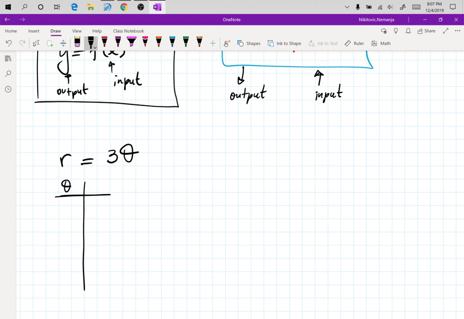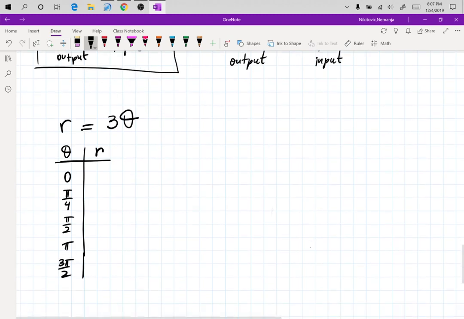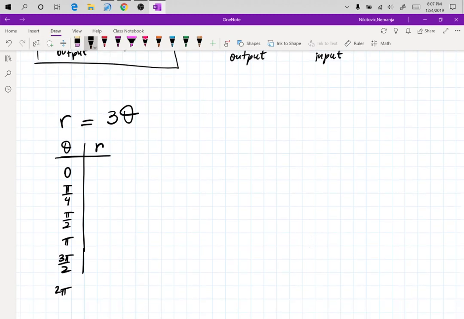All right, so theta and r. Pick some thetas, let's say 0, maybe pi over 4, maybe pi over 2, maybe pi, 3 pi over 2, I don't know, right? You just pick some of these. Okay, let's pick 2 pi as well.